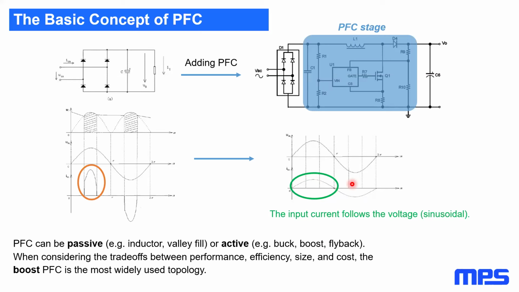In its simplest form, you just insert a large inductor in between the diodes and the capacitor, and this forces, if the inductor is properly sized with respect to the size of the capacitor, a sinusoidal current at the frequency of the grid. So this is one way, although that inductor can be big, of course. There's also such a thing as a valley fill, which I will not discuss today.